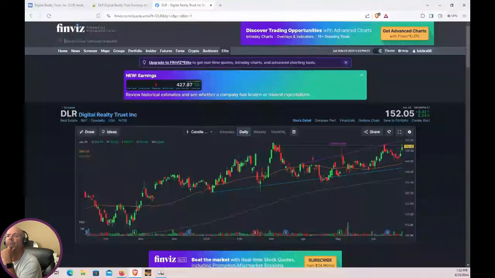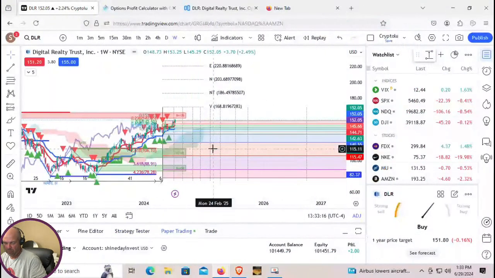On TradingView the blocks are 115. In the weekly, they have a short position here at the top at the resistance at 161, the 168.